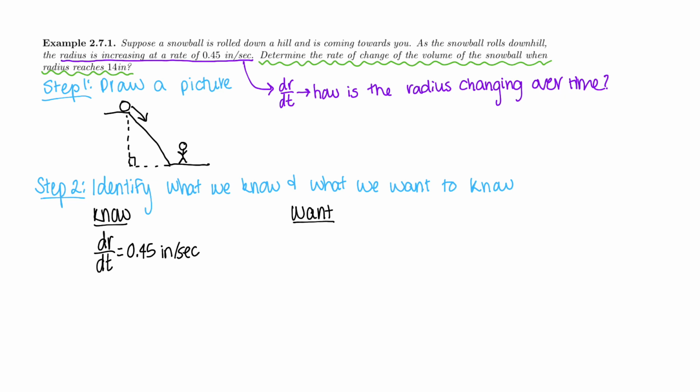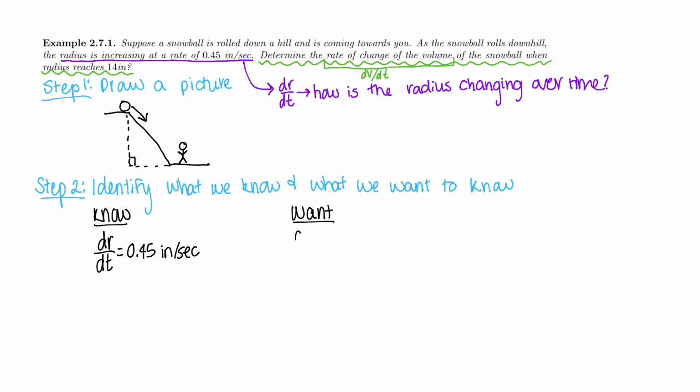I am being asked to find the rate of change of the volume of the snowball when the radius reaches 14 inches. So the rate of change of the volume, that would be dV dt. That's how the volume is changing over time.